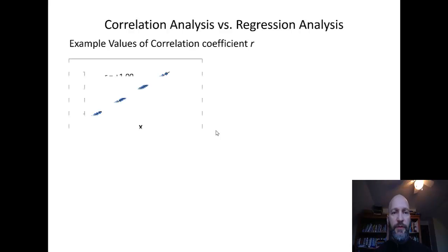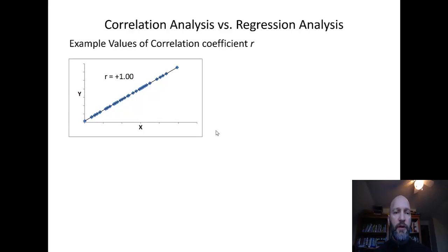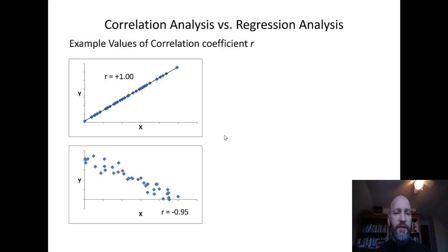Here are some examples of data and relationships that go along with those. Here we have perfect correlation, x and y. You notice all the data points are exactly on that line with no variation from the line. That's pretty unrealistic. This is an example of negative correlation. As x gets bigger, y gets smaller, and the amount of variation is not all that big, which means that the relationship is strong.